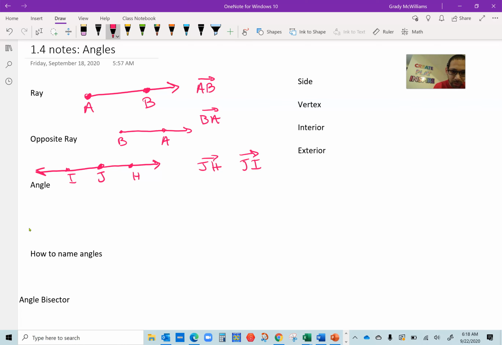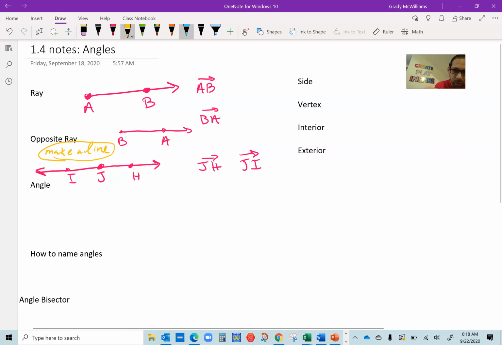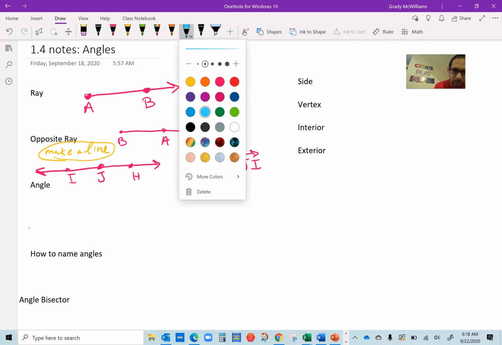Those are called opposite rays. And a fact about opposite rays, you might notice, is opposite rays make a line. Maybe you should use a different color on that one. Opposite rays make a line.